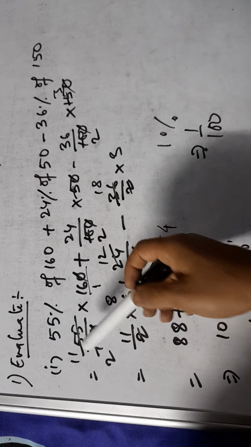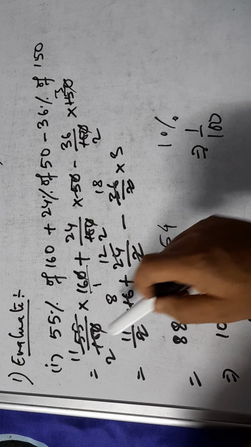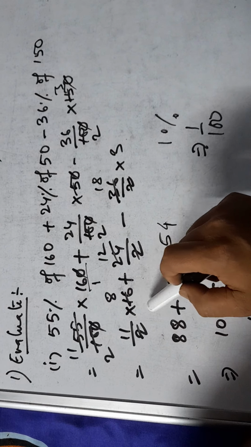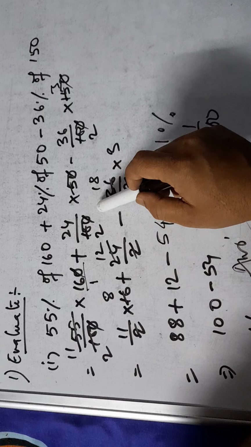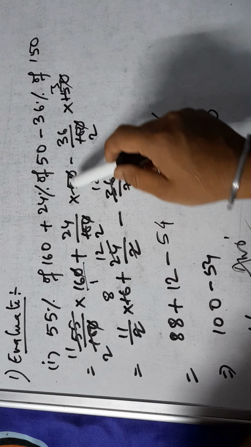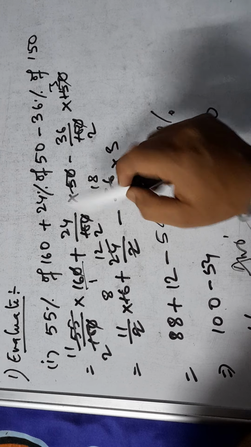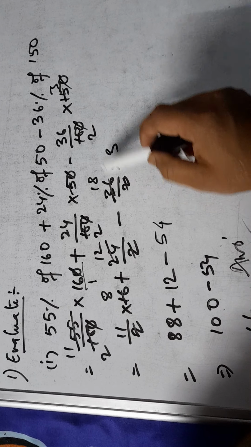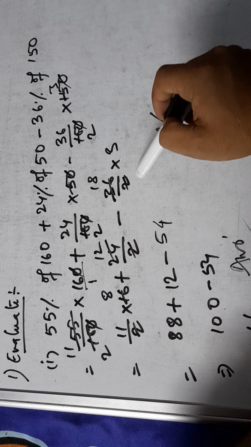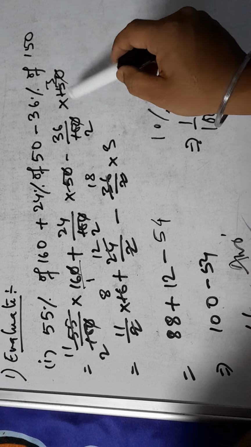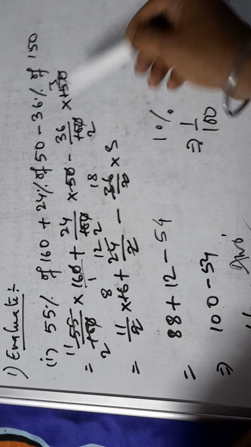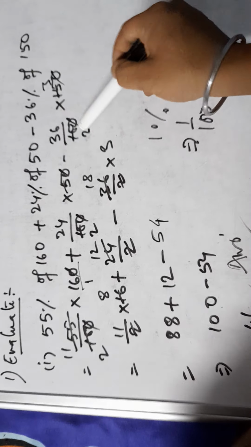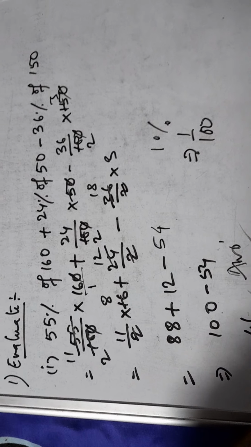So we pull down the numbers which are cancelled and have the new one, 11 by 2 into 16, plus 2, 0 0 is cancelled, 5 2s are 10, so 2 is here, 24 by 2, that is 2 12s are 24, minus 36 by 2 into 3: 0 0 is cancelled, 5 3s are 15, 5 2s are 10. Last digit is 5 and last digit is 0, so we can cancel with the same table.